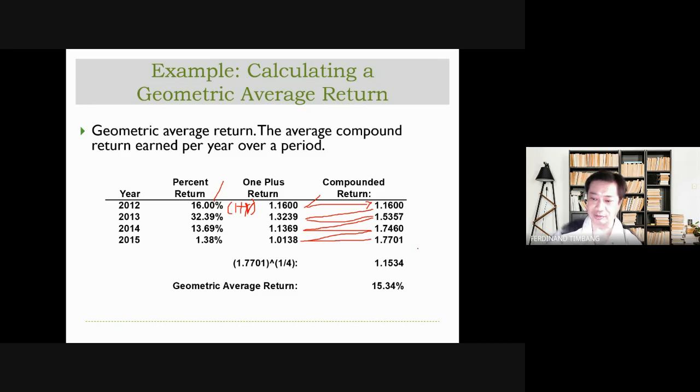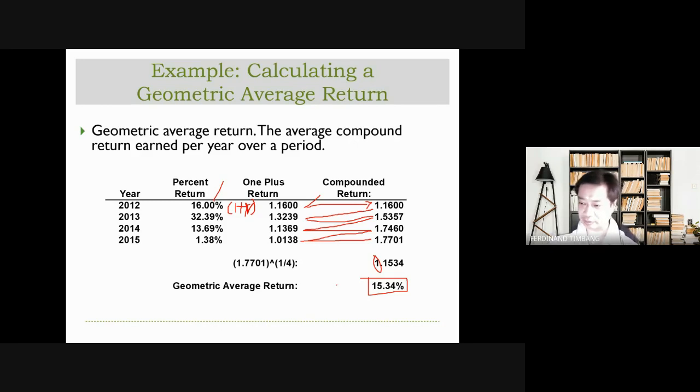Then raised to the power 0.25, meaning 1.7701 raised to 0.25 kasi 4 yan, so 1 divided by 4. So you will get 1.1534. And then again, drop the 1, and you will get the 15.34%, which is the geometric average return.